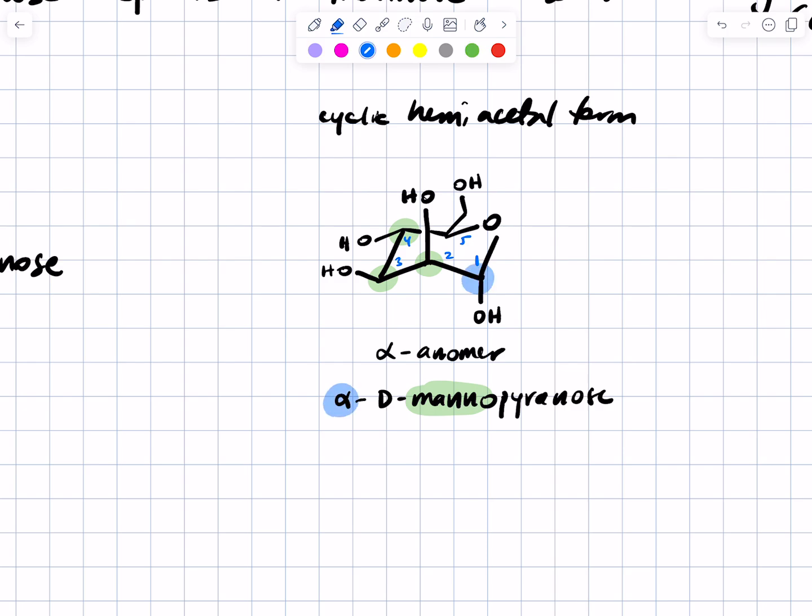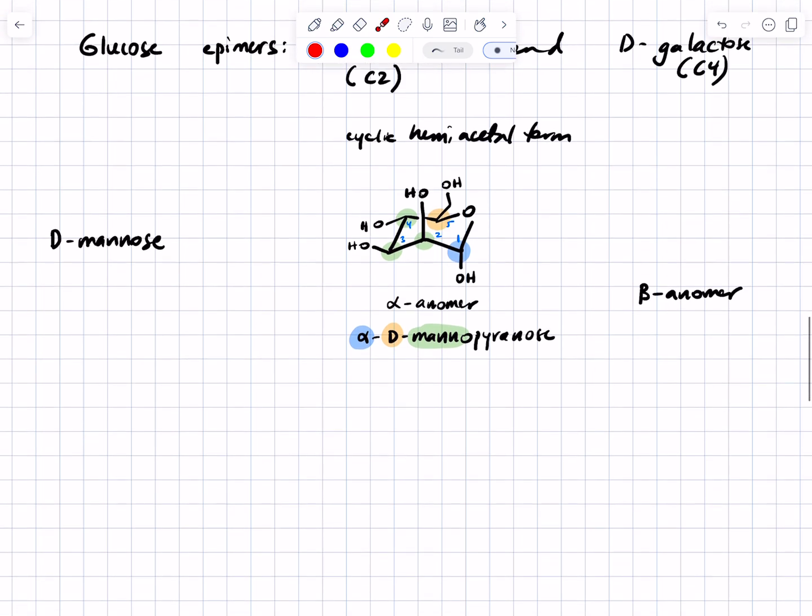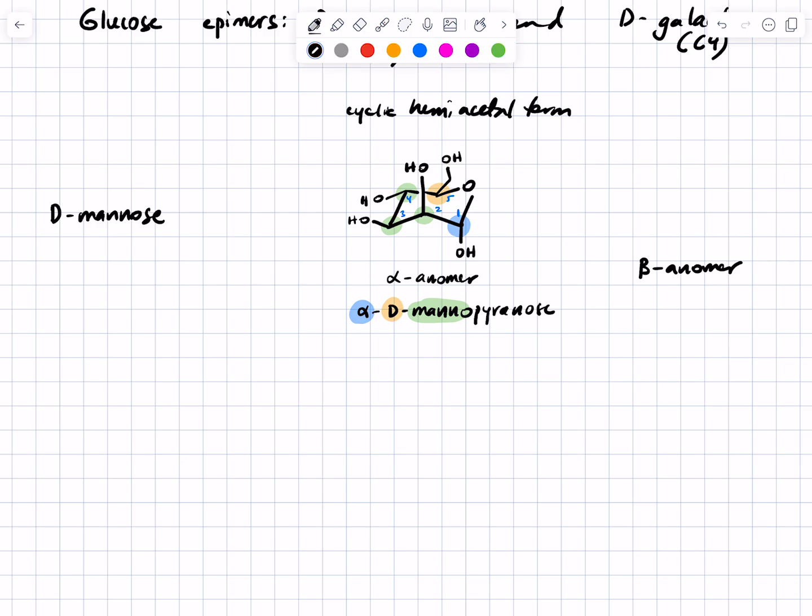Alpha tells us what the configuration is at C1 relative to the configuration at C5, and the D gives us the configuration at C5. So that's alpha D mannopyranose, and then I'll leave it to you to draw what the beta anomer looks like, but that's just going to be the diastereomer where the OH is equatorial. So that's probably useful as practice. You should go and do that.